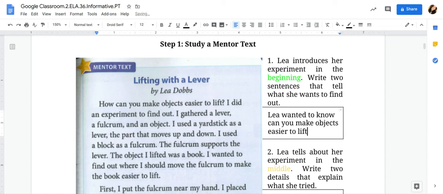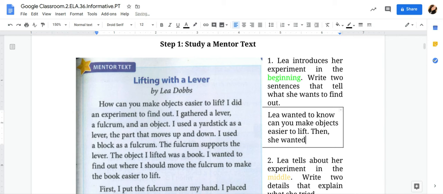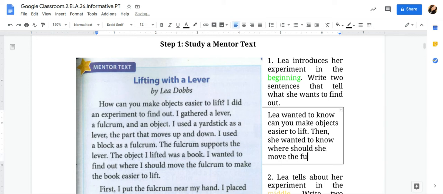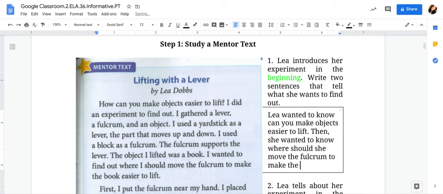So Leah wanted to know, can you make objects easier to lift? Then she wanted to know, where should she move the fulcrum to make the book easier to lift?